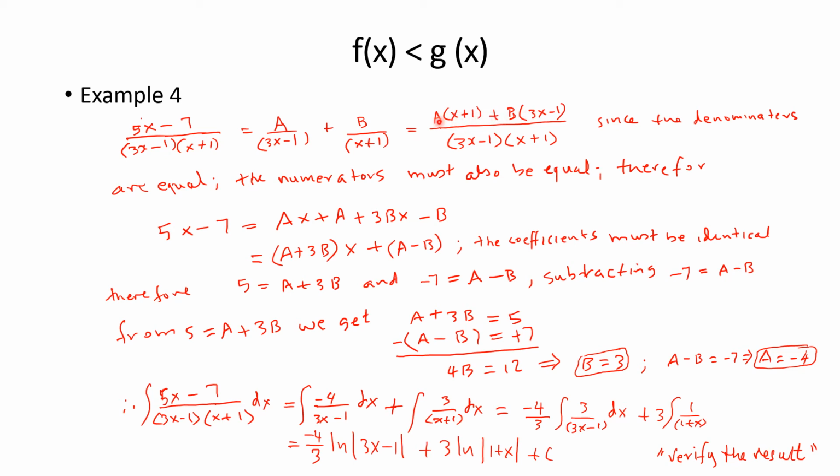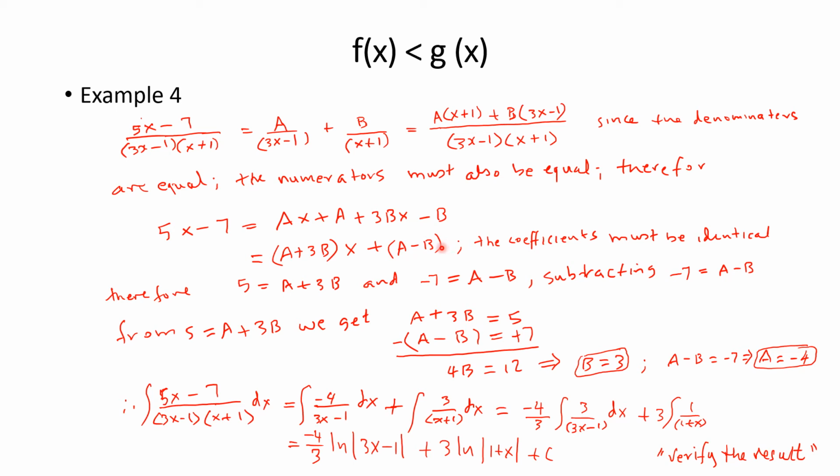Now we're going to expand A in the bracket, so it will give us Ax plus A, plus expand B, it will give us 3Bx minus B. Now we will rearrange the terms. So we have Ax and we have 3Bx. That means (A plus 3B) all multiplied by x, plus we have A minus B, which is not multiplied by anything.